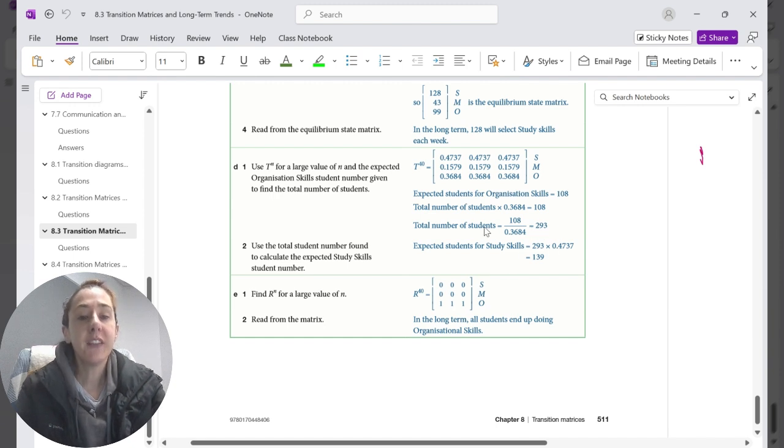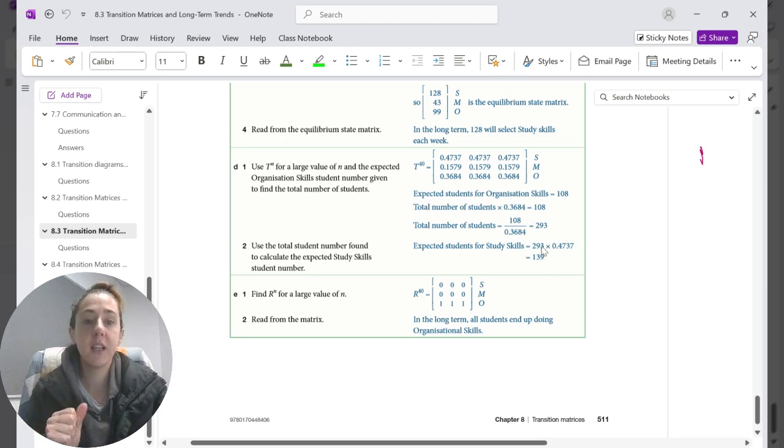So we find out that our total number of students is 293 students. So then we've now got our total number of students. We've got our value in here that we're going to multiply that by to find out how many students are going to select study skills.